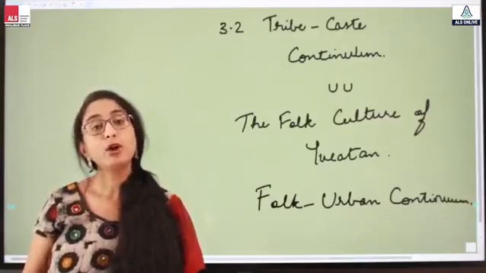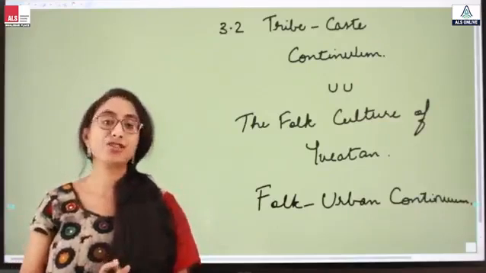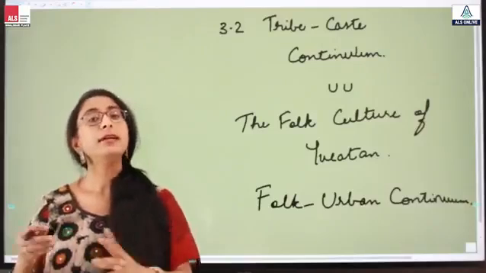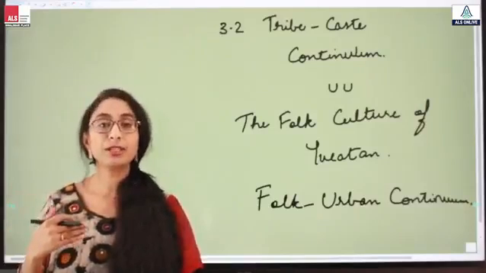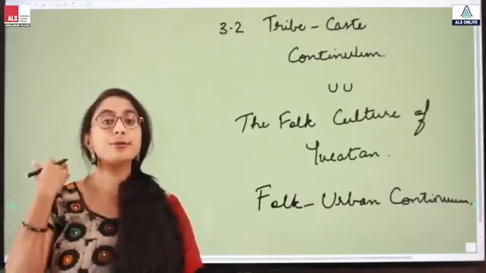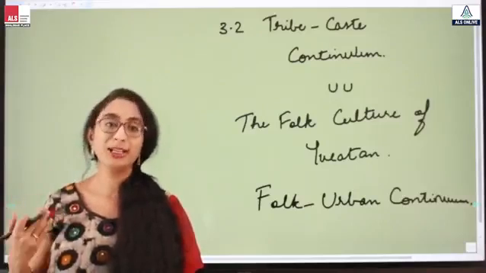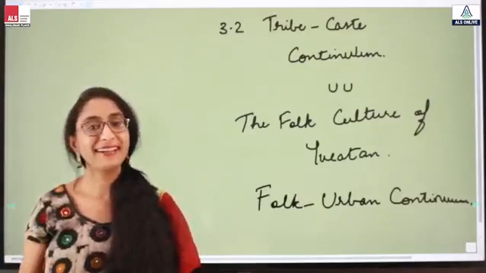They were not able to say which exactly is a tribal group and which exactly is a caste group. They found a few elements of the tribal group present in the caste group and vice versa, and they took the concept of continuum given by Robert Redfield and applied it to the Indian context as tribe caste continuum. Okay, are you all following?